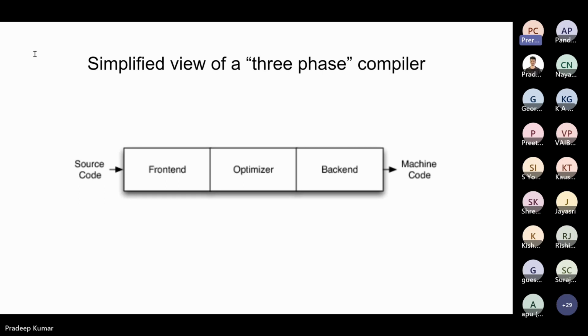An optimizer is where all those interesting things happen, which will reduce your code size. The backend will do the task of generating machine-relevant code, so basically something like mapping of virtual registers into hardware registers. Maybe I'll pause and then let Ashutosh continue.